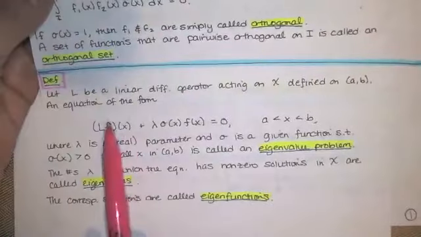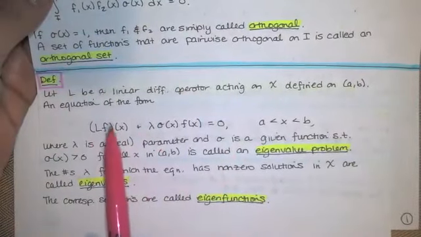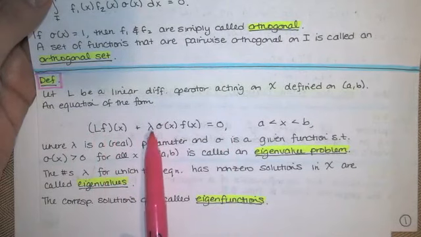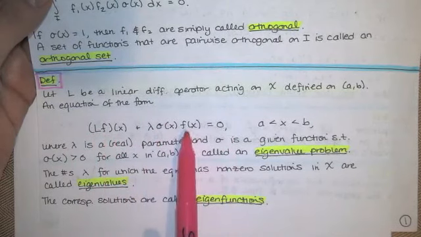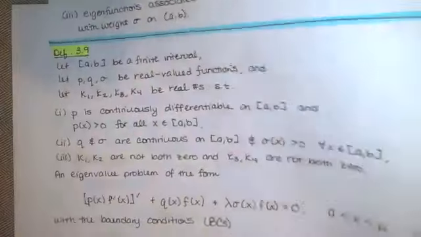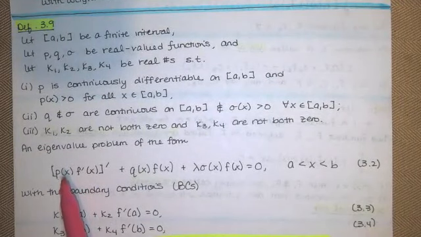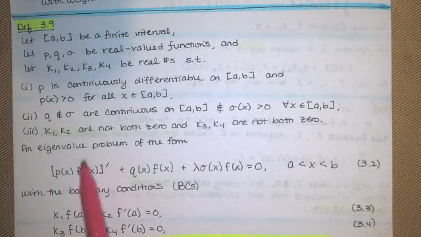We said over here, this is an eigenvalue problem in general. Some linear operator L applied to F plus lambda times sigma times F equals 0. Here's a particular one of those. This says take P, which is going to be given and it's differentiable, multiply it by F prime. Take that product and take its derivative.